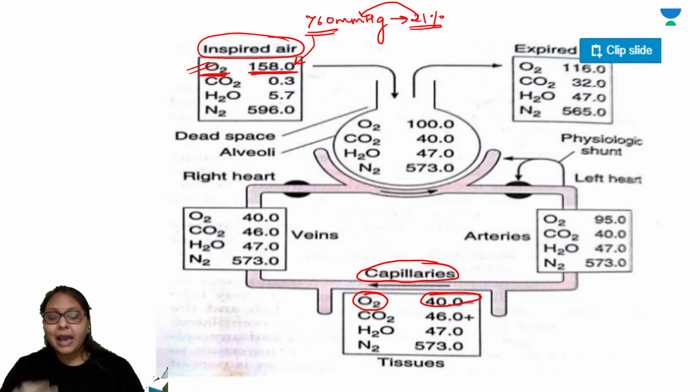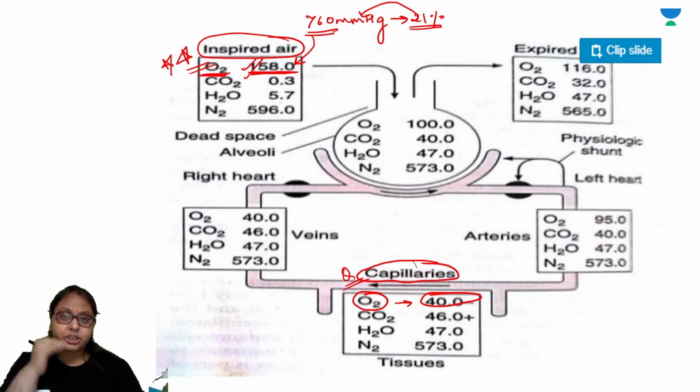In inspired air it is 21% of 760, so 158, but at the tissue level the oxygen is only 40 millimeters of mercury. Guys, please remember these are also important questions. Now why is it so? Why is there a drop in the partial pressure of oxygen?